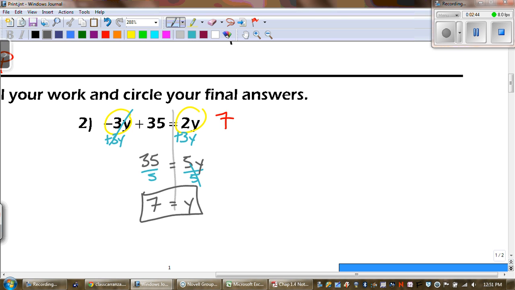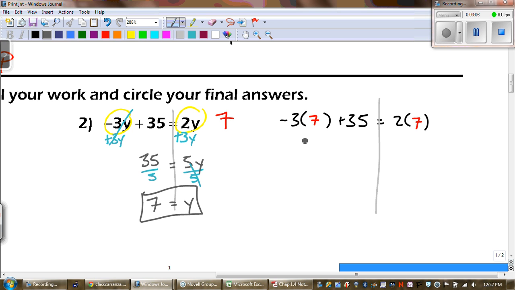You might be like, well, Mr. Grice, how do I know 100% if I have the final answer? Well, what you would do is check. Okay, we said that y equals 7. Everywhere there's a y, I'm going to plug it into the original equation. And now we check both sides.